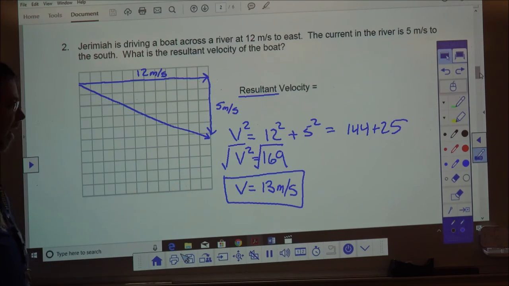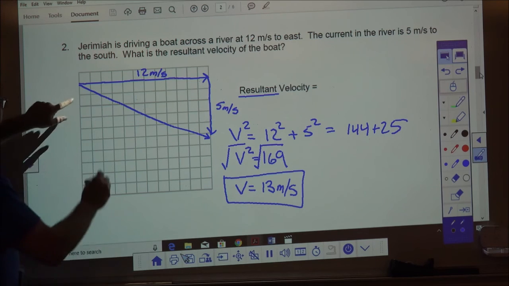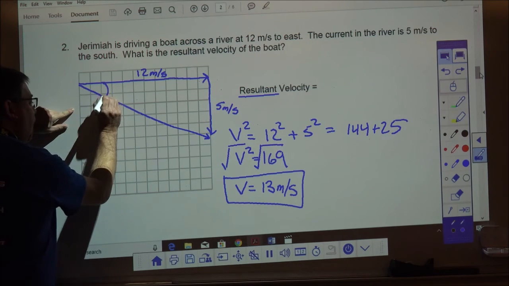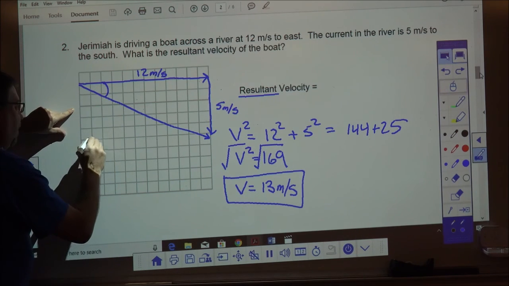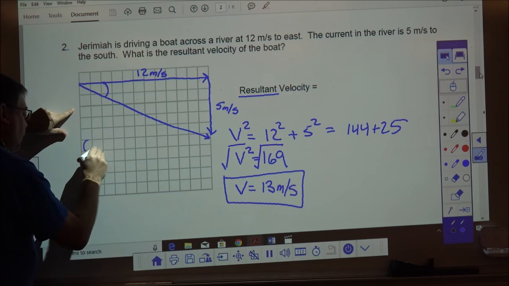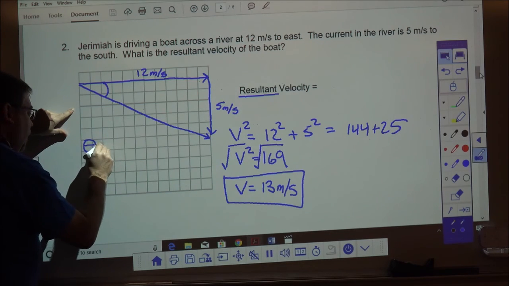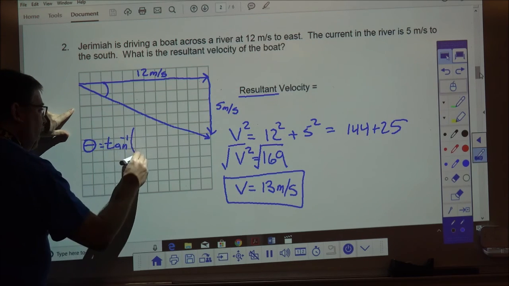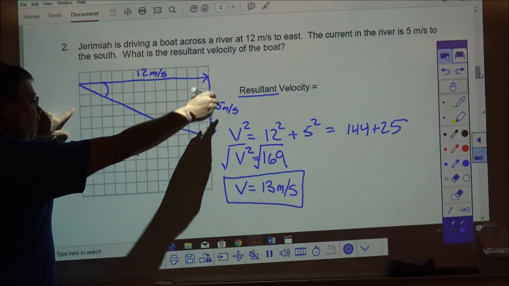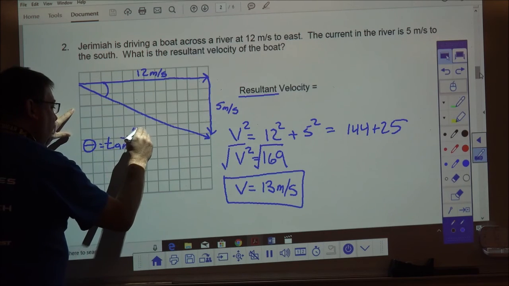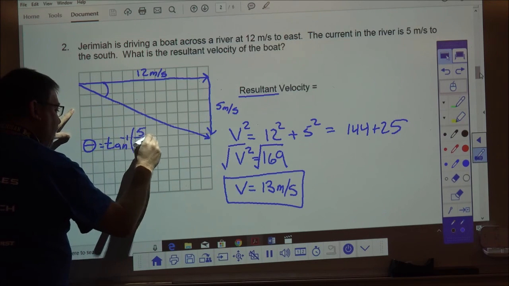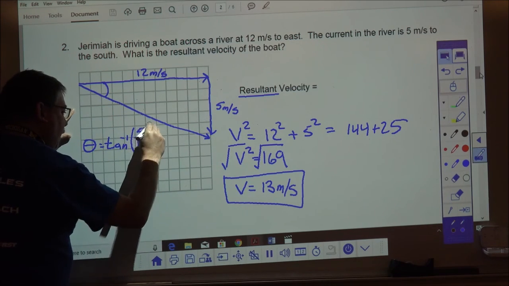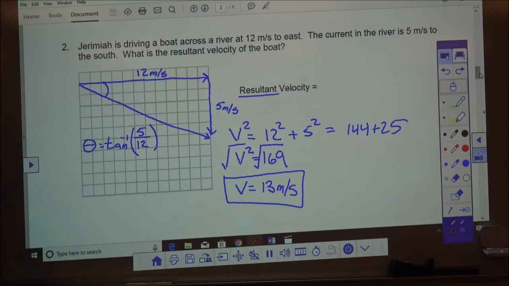And then we have to have an angle with that. The angle is going to be right here. So our angle is going to be inverse tangent. So theta equals tan -1 of rise, which is 5 over 12. Don't worry about the fact that the rise is negative. We'll just do this. 5 over 12.